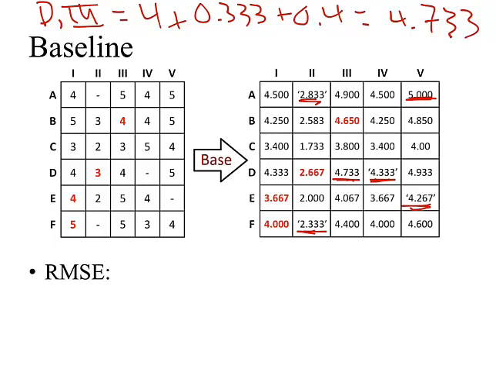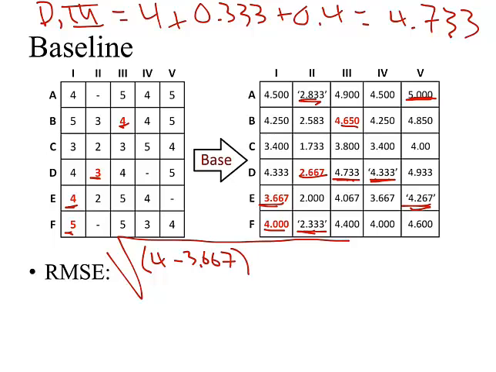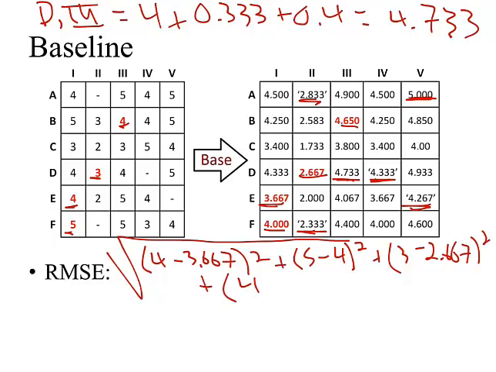And so we want to take the square root of the sum of the squared errors. If we start looking at the differences between the test set values 4, 5, 3, and 4 and the values over here, we're going to get the square root of 4 minus 3.667 squared plus 5 minus 4 squared plus 3 minus 2.667 squared plus 4 minus 4.650 squared.